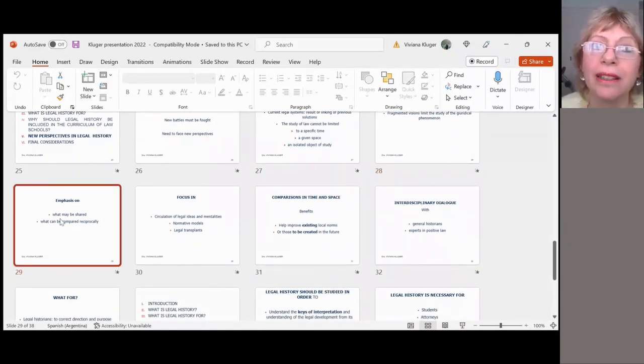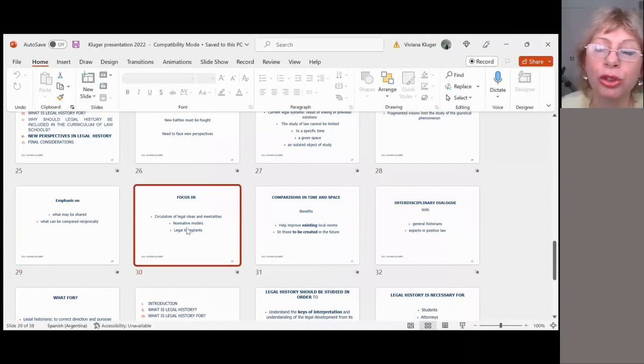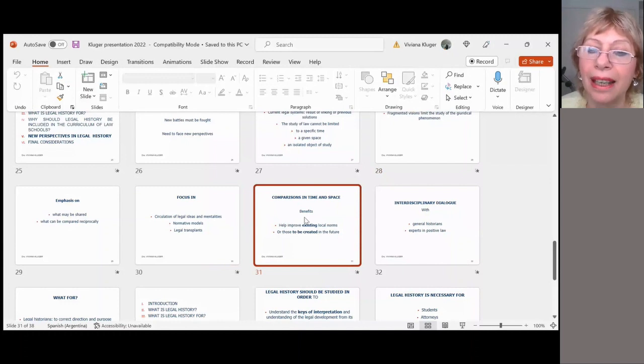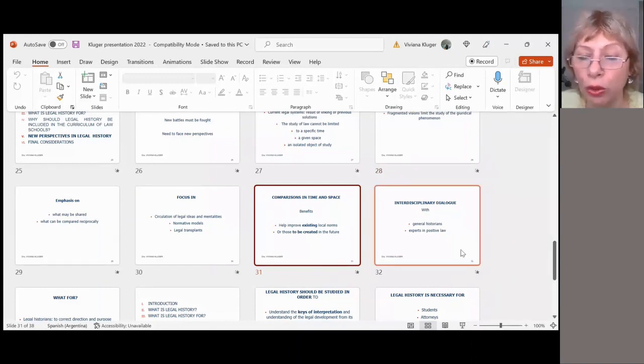So the emphasis should be placed in what may be shared, in what can be compared reciprocally. The focus should be placed in the circulation of legal ideas and mentalities, in the normative models, in legal transplants. Comparisons in time and space give the benefits to help improve existing norms or those to be created in the future.